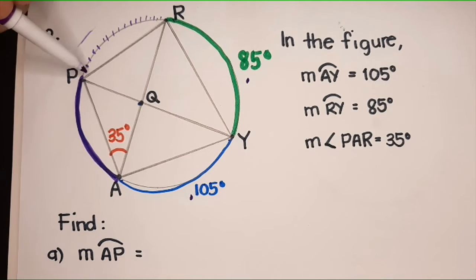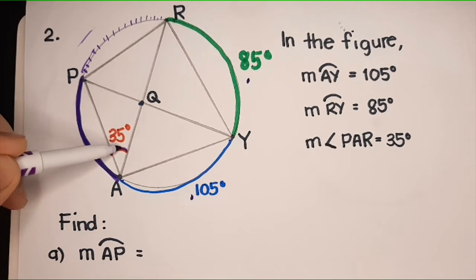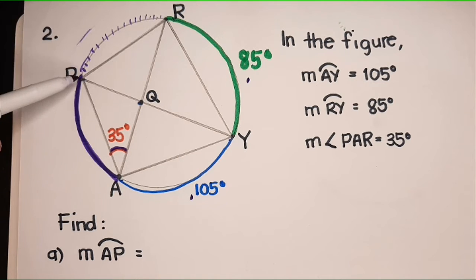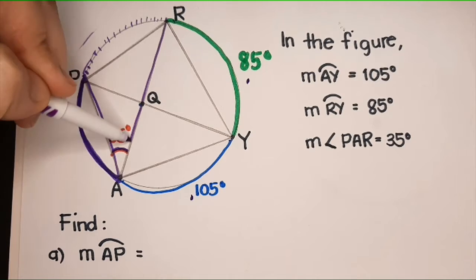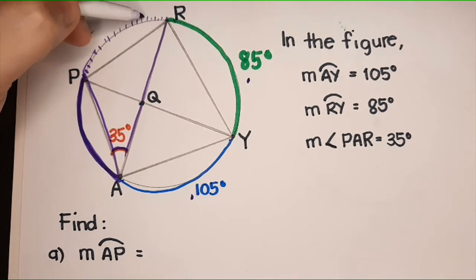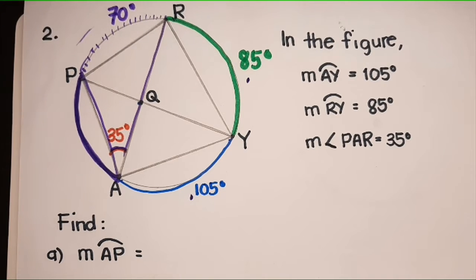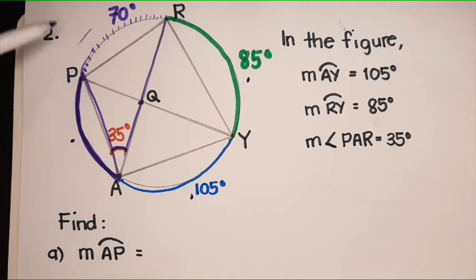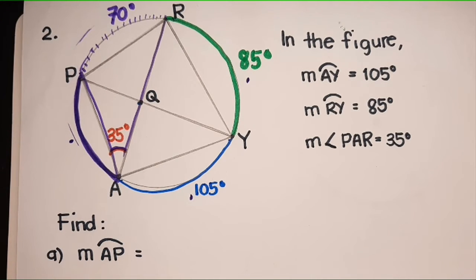Notice that this arc PR is an intercepted arc of this angle. Right? Inscribed angle. Okay? So, that's why the measure of this arc is equal to 70 degrees. So, ilan na lang ang kulang to make it 360 degrees. Okay, that will be the measure of arc AP.